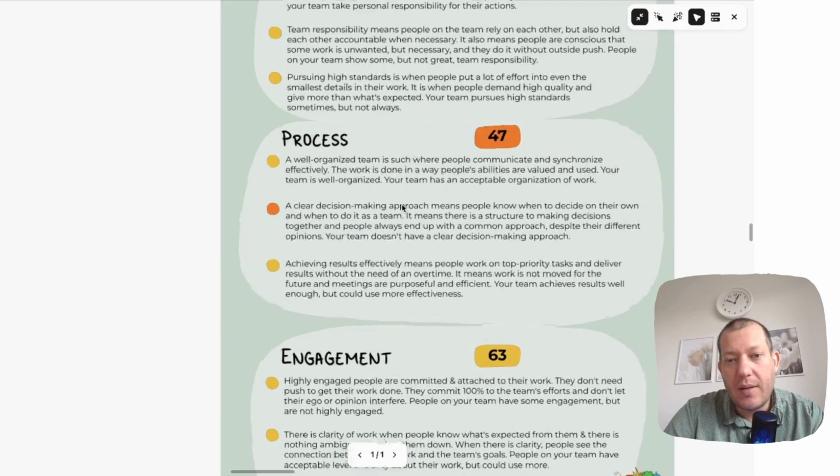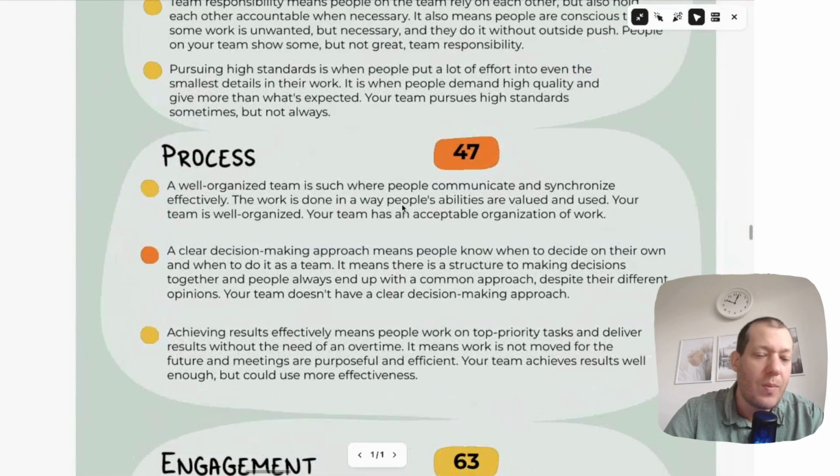And this is, let's say, typical, and I've seen a lot of teams that don't have a clear decision-making process, decision-making method or approach, and this is the case here as well. You see the orange here means that people, when they are resolving these agreements, they don't have a clear way how to align each other and how to act together afterwards, how to be engaged afterwards.